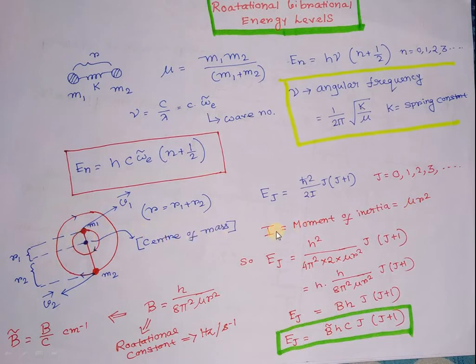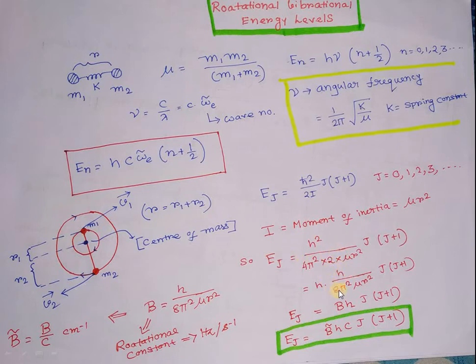You can see that if we expand this equation, h cross is nothing but h by 2 pi, and I is equal to mu r square. If we put all those terms down, the final expression of the energy will look like this.